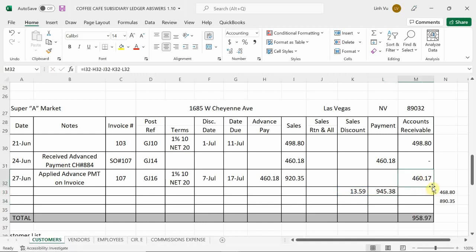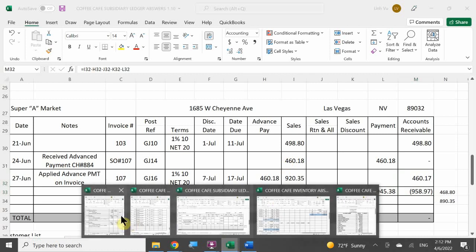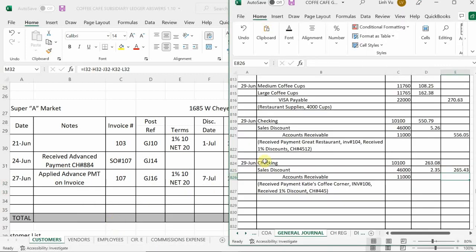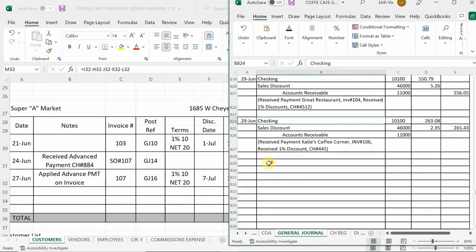And then I just pulled my formula down to bring down that transaction. So 945.38 and 13.59. Once again, we definitely have enough space for this transaction.